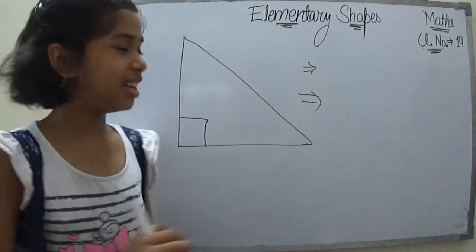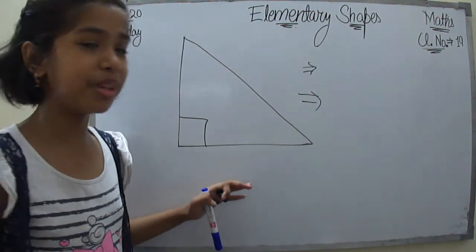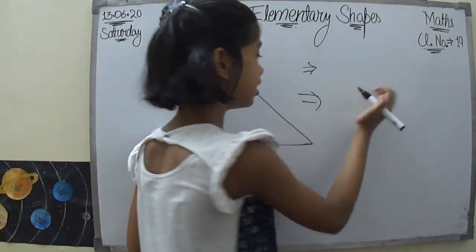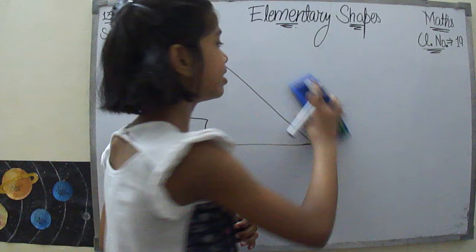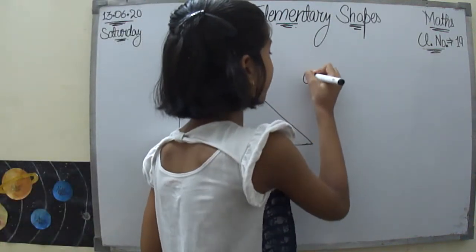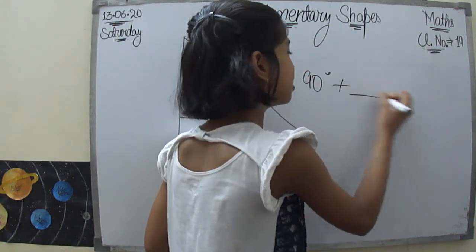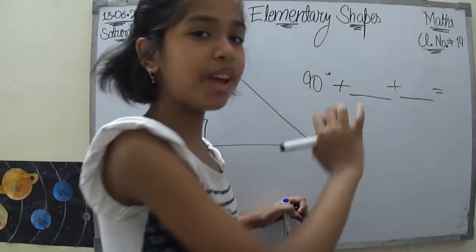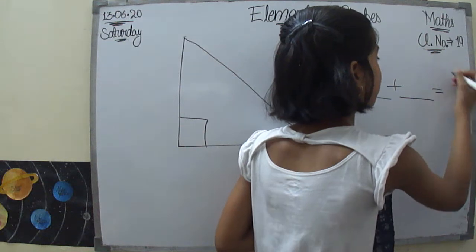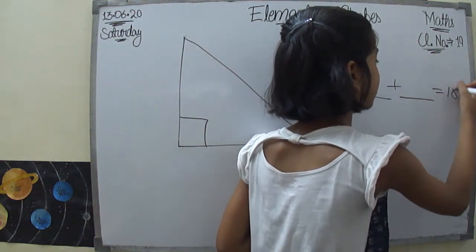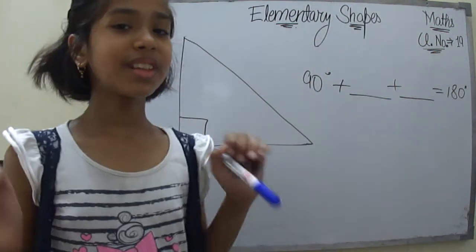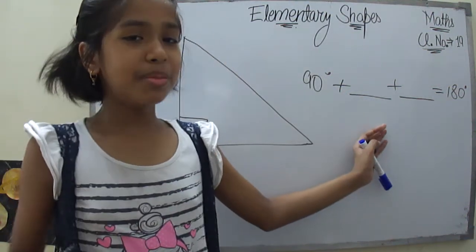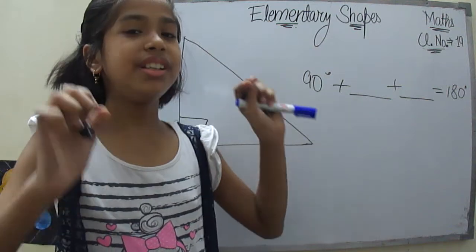Okay, let me write that down so that it will be clear to you. If we have one angle of 90 degrees, two angles should be filled in so that we get the total as 180 degrees.